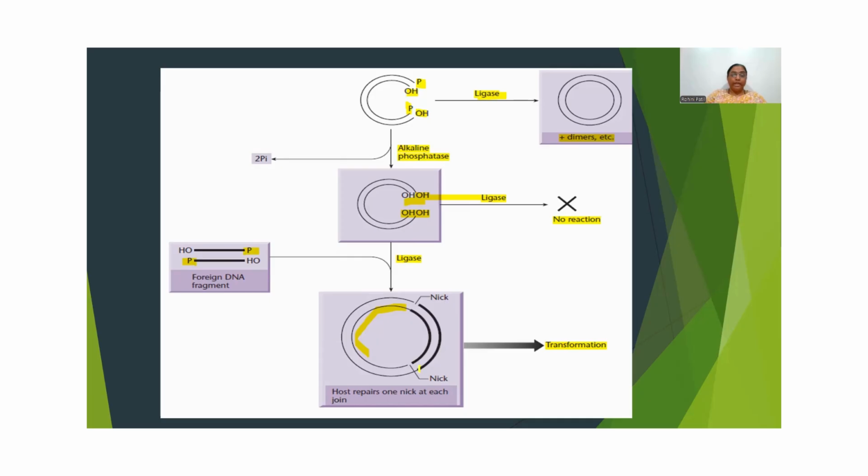So one end of this foreign DNA is ligated with the vector molecule. Then you may go for the transformation, or you may use polynucleotide kinases and allow the next reaction.